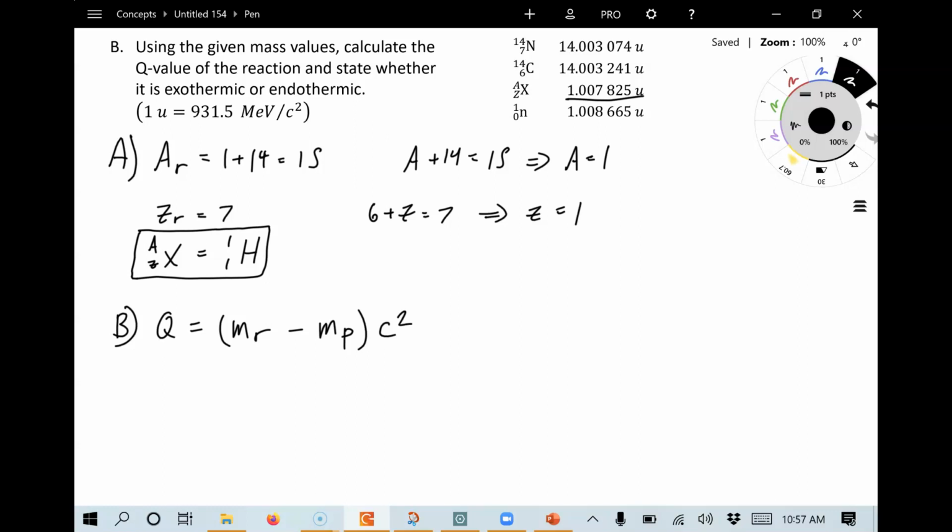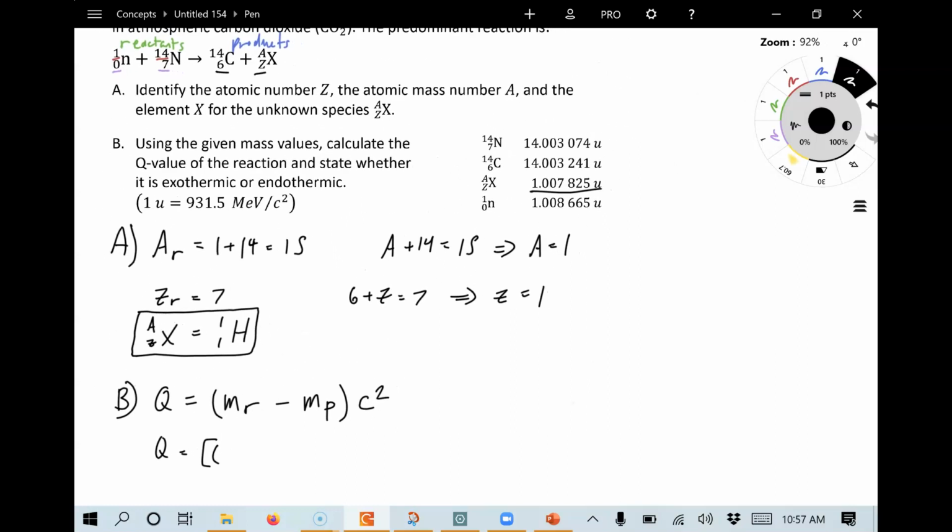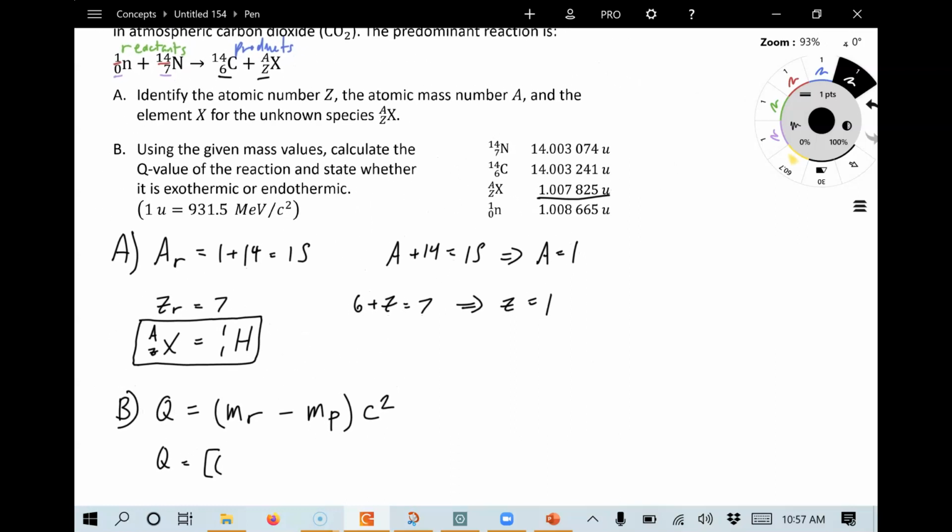Now when we do this, we need to add up the masses of all the reactants, and we have to keep all of the digits of precision here. So we're looking at the neutron and the mass of the nitrogen. Let me write this out.